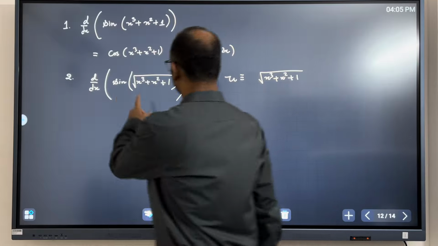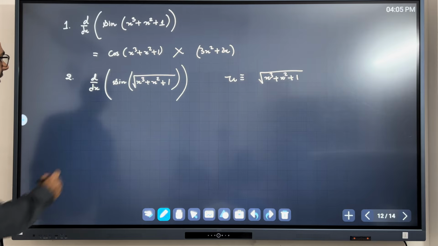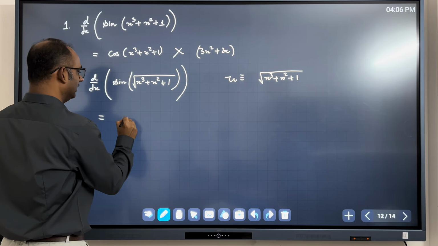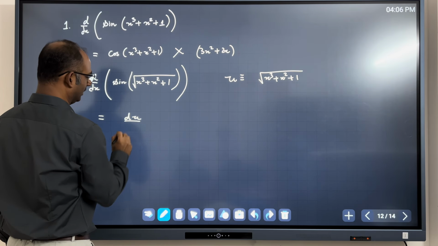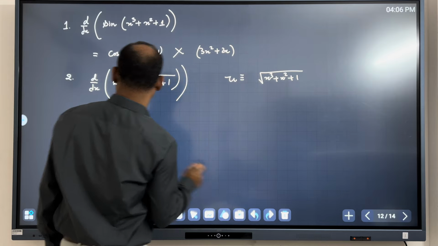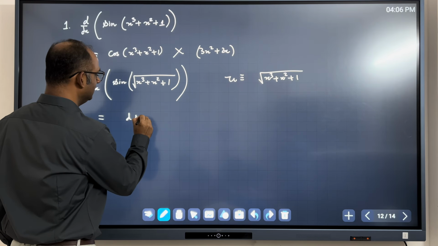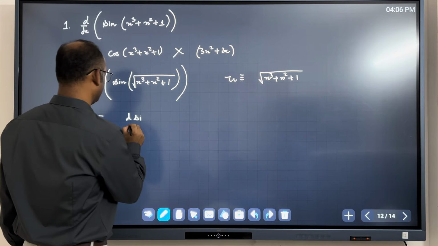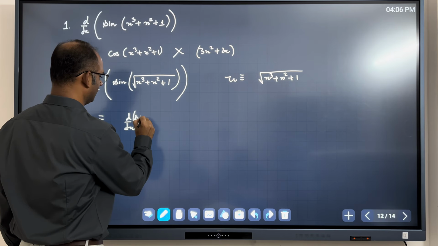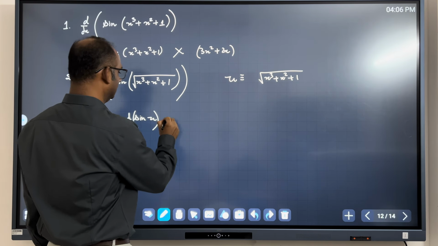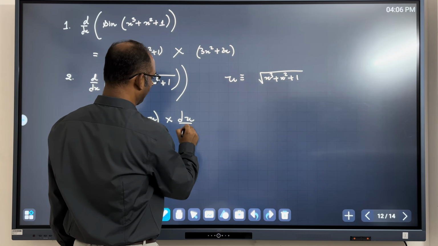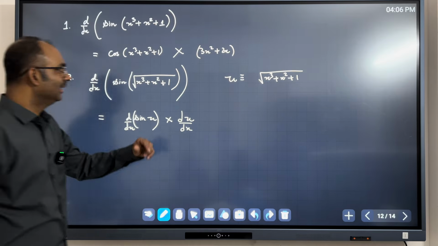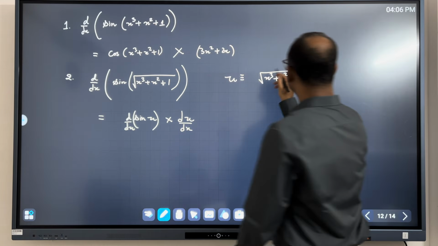Okay, so this, using the chain rule, becomes d sine u over du times du over dx. Correct? Okay, but what is u? u is this.